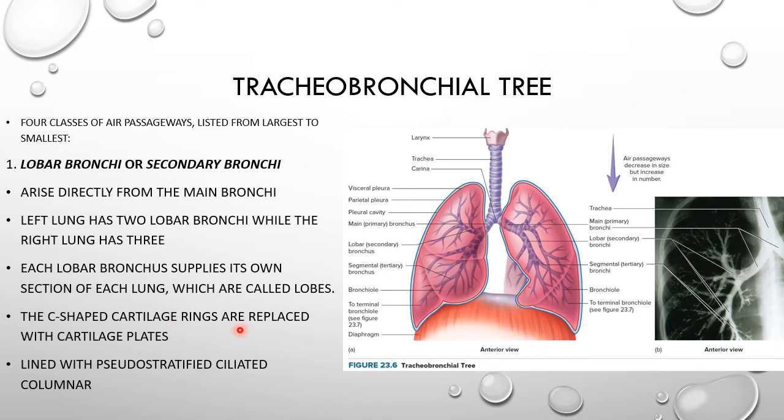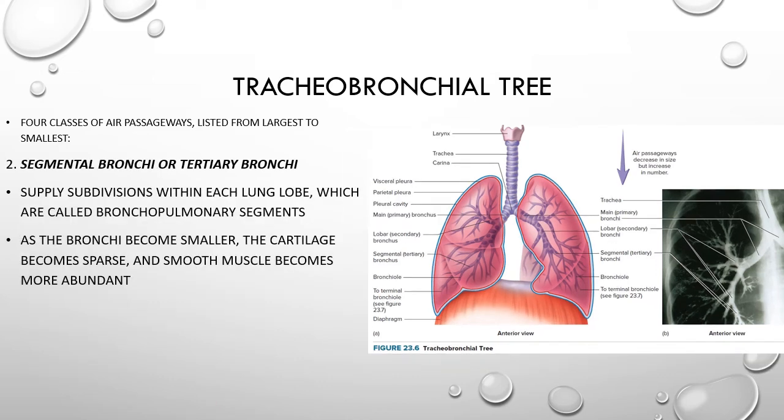So pagdating dito sa lobar bronchi mo, yung C-shaped cartilages are replaced now with cartilage plates. And remember, no, yung lining epithelium, same, that has been discussed earlier, is still your pseudostratified. Ito mas kompleto ang pangalan niya. Pseudostratified ciliated columnar epithelium. Okay?